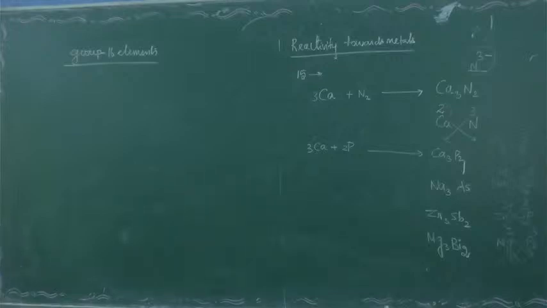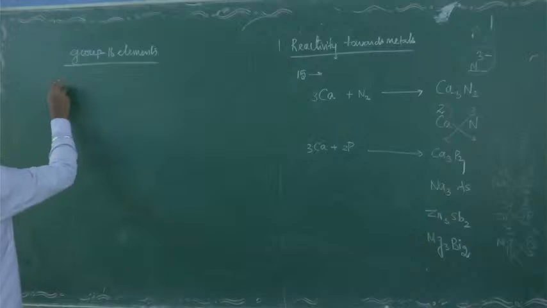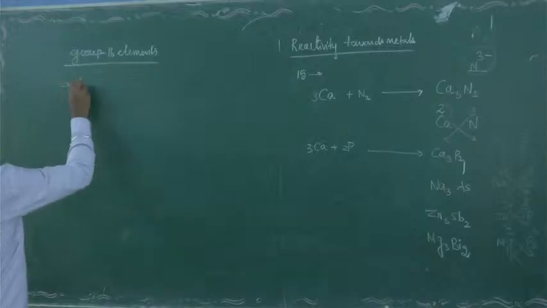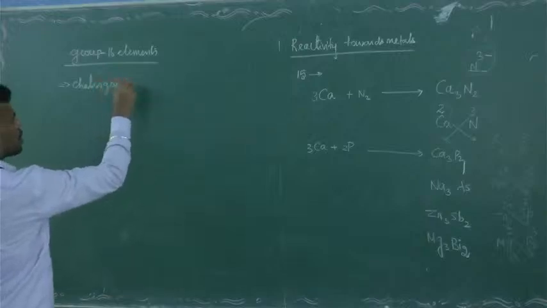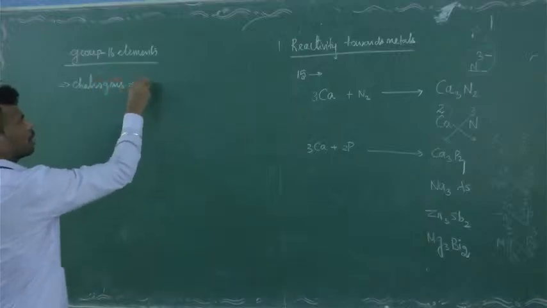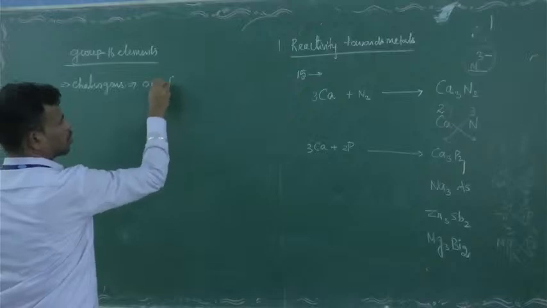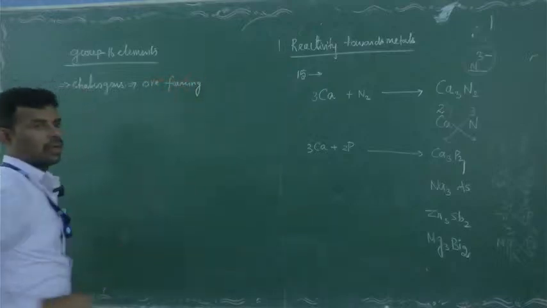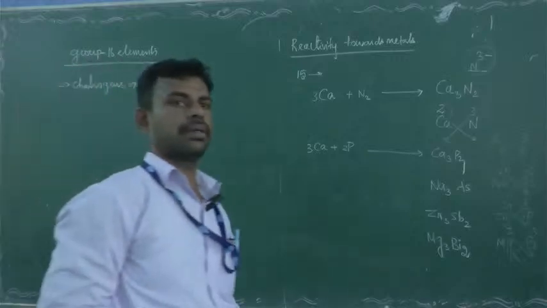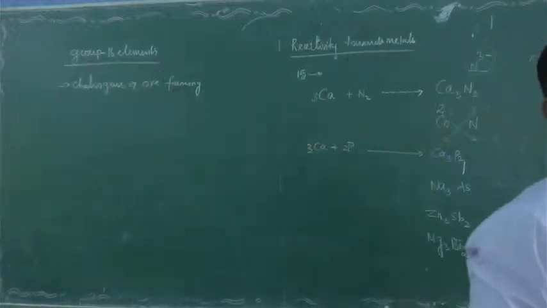So what are the elements present in group 16? Oxygen family, the chalcogens. Chalcogen means ore forming.